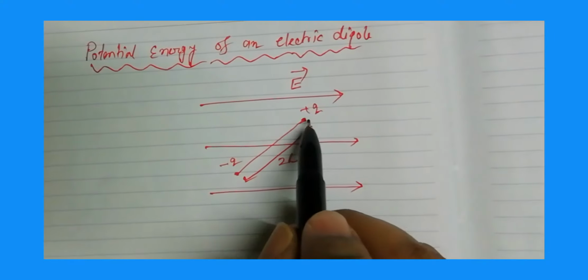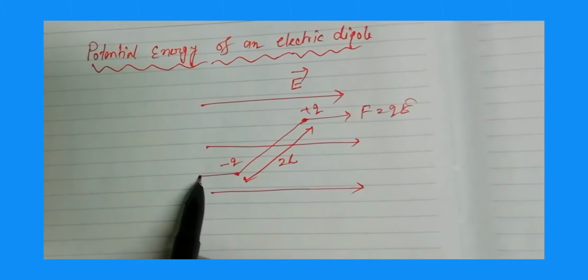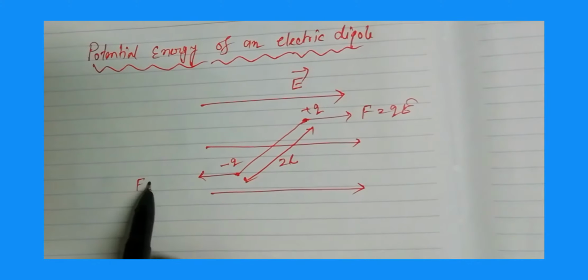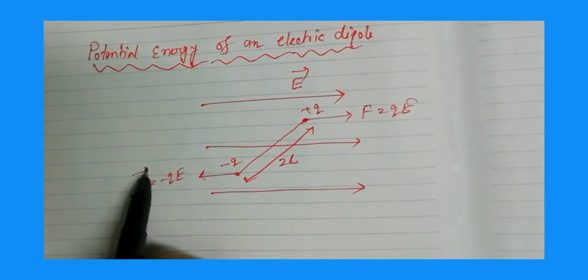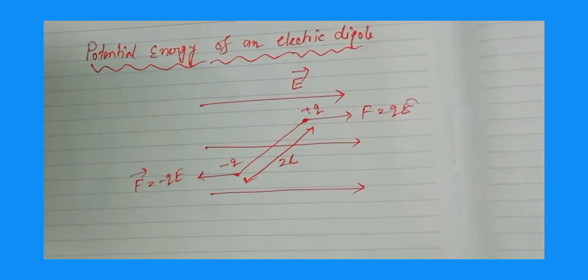So obviously there is a force on this charge plus Q in this direction, and this force is nothing but Fq, and the force in the opposite direction on minus Q, due to which it achieves a torque.